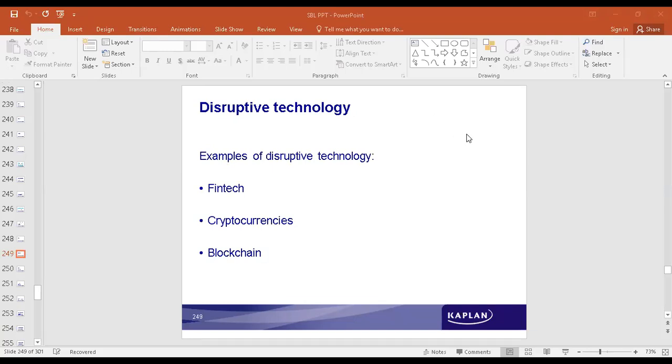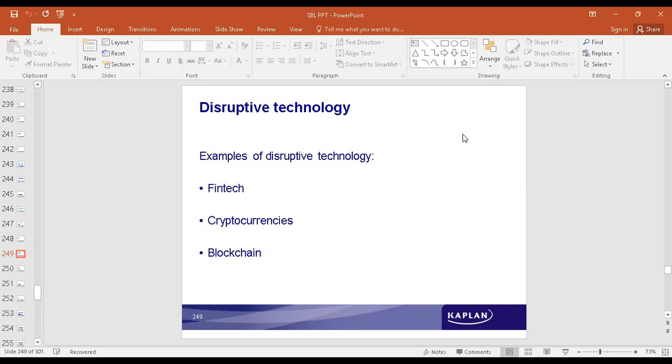We have understood the different disruptive technologies. Disruption is something that causes changes in the present way of operation. Because of technology, there is disruption seen in organizations. Some examples of disruptive technology are where things are done in a newer manner. It can be found in the financial and banking sector, which we call fintech.